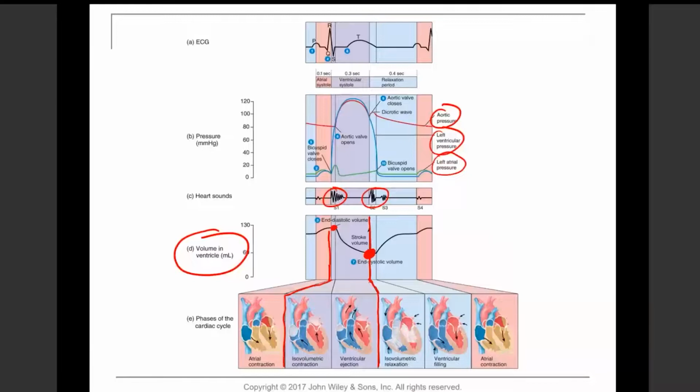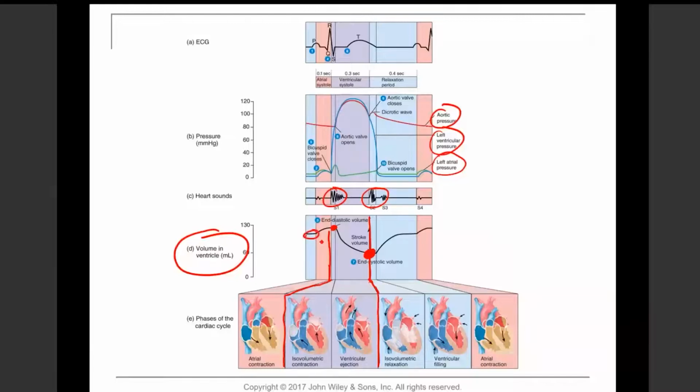So aortic pressure is by and large consistent here during atrial systole because you're not really at that point yet to be able to eject blood into there. But what you're seeing is that blood slowly starts to accumulate in the ventricles, and it's slowly rising here. Here's the volume.